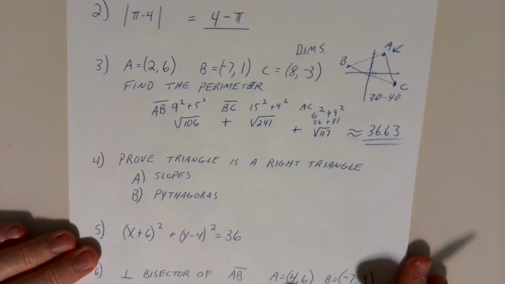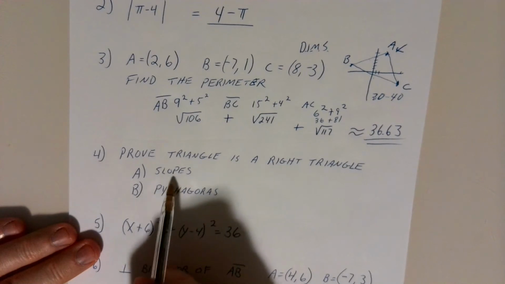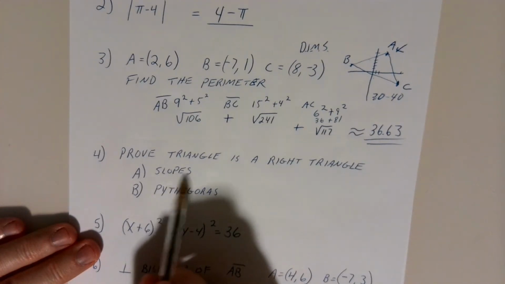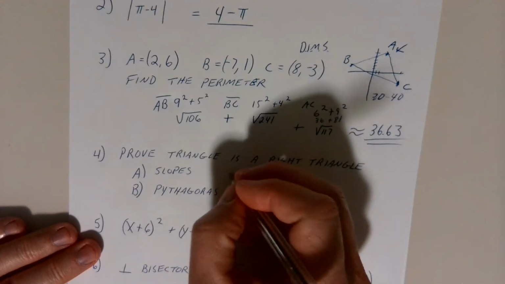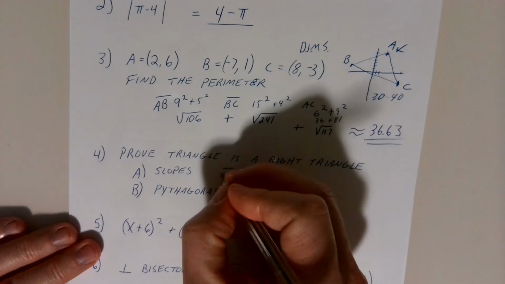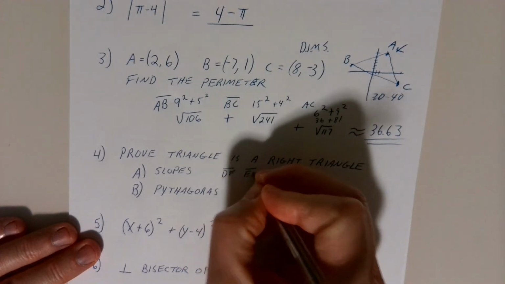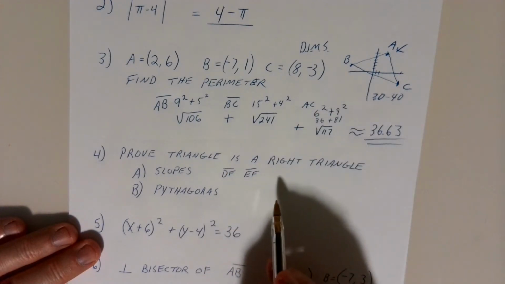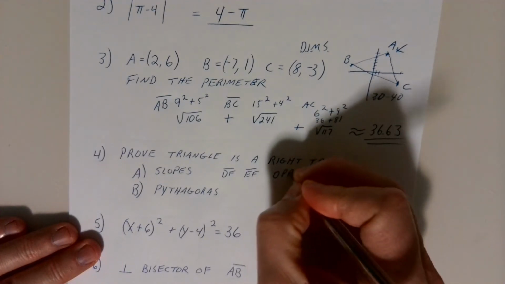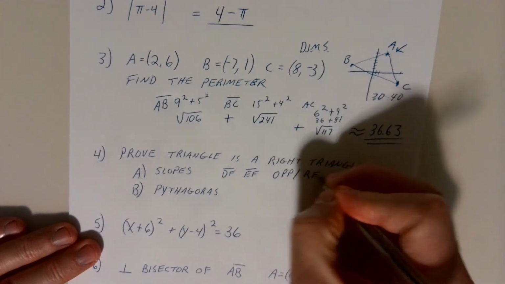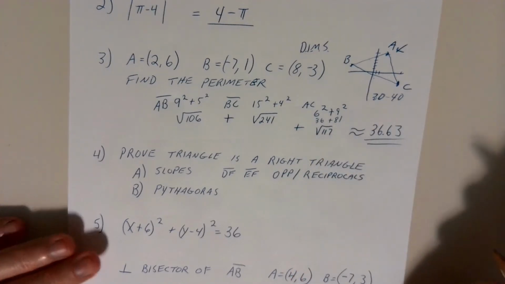Okay. So here we go. How do I prove a triangle is a right triangle? Well, there are two different ways to prove triangles are right triangles. One is the slopes. If you have any two sides of a triangle, let's say segment DF and segment EF out of triangle EDF, if these two segment slopes are opposite reciprocals, then you know that that forms a right angle.